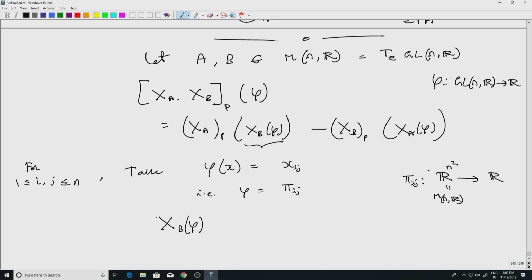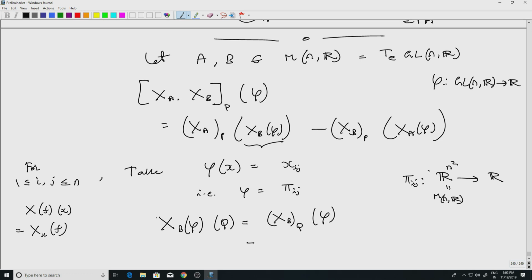So I want to understand its value at a point Q. And we know that this by definition is, remember that Xf at x is x. This was the way the function arose. So this is the same thing as XB at the point Q acting on phi.